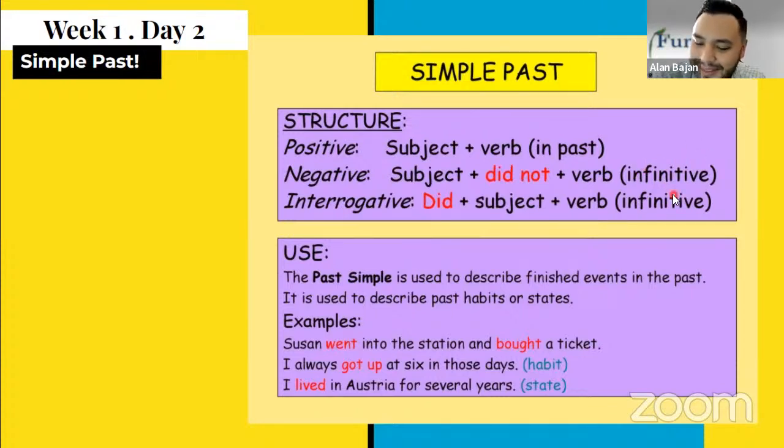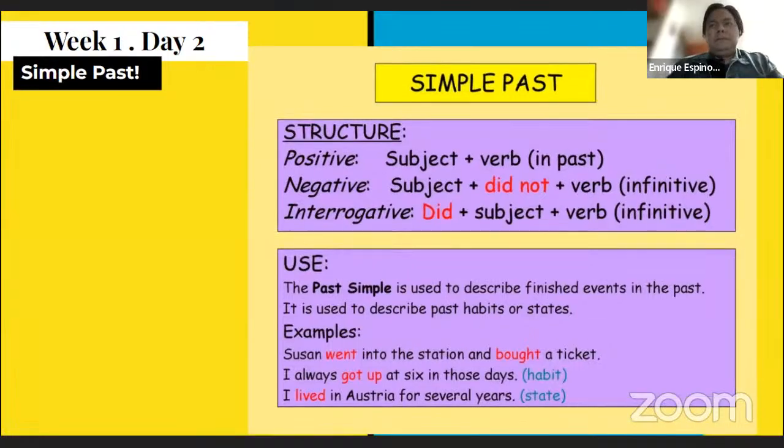The verb is in the original form. Please write this sentence in the chat. Would you mind repeating the sentence, please? Susan went to the station and bought a ticket. It's on the screen. The first sentence.